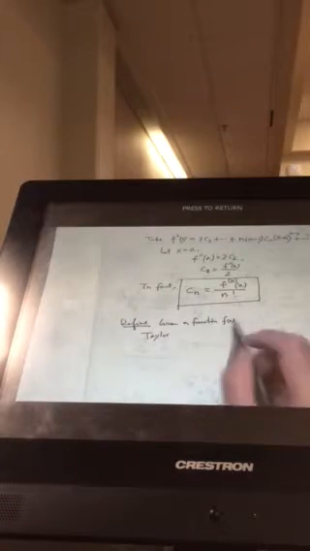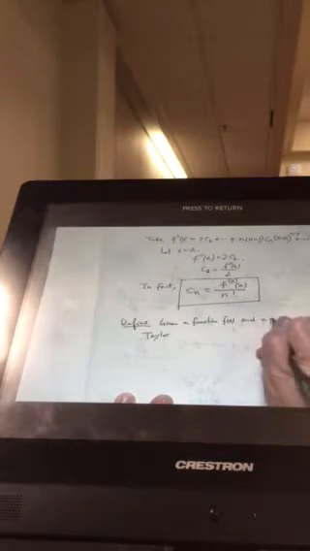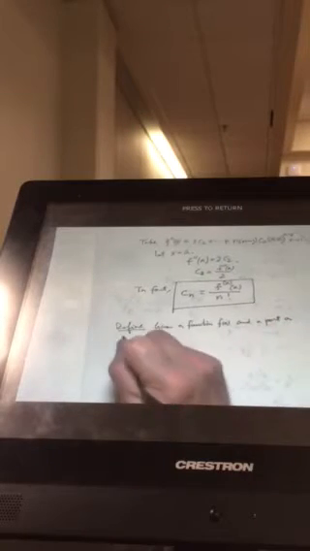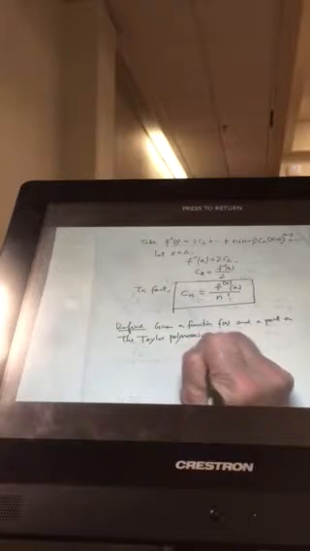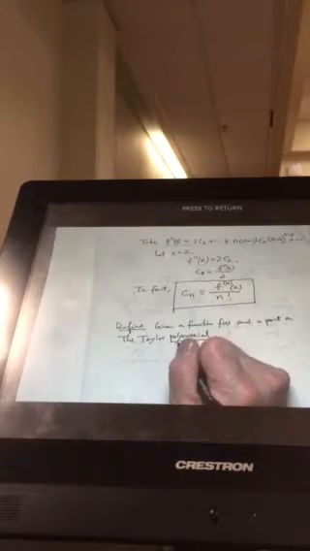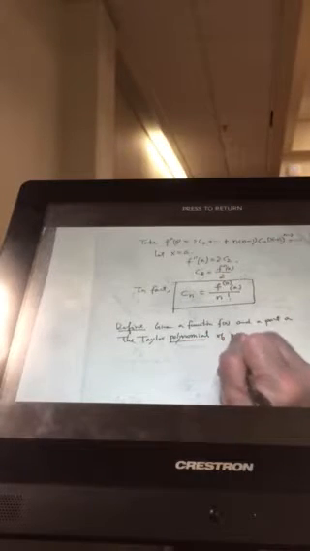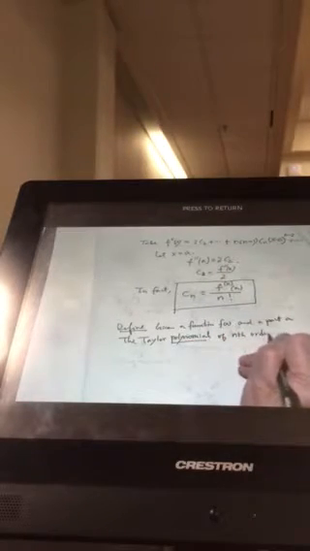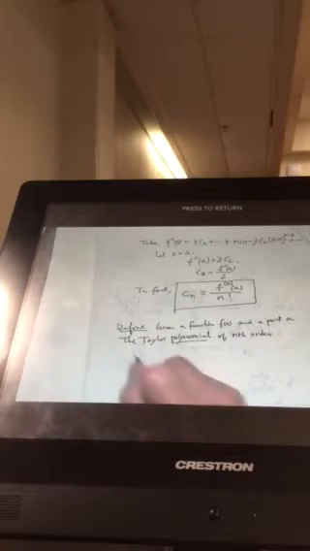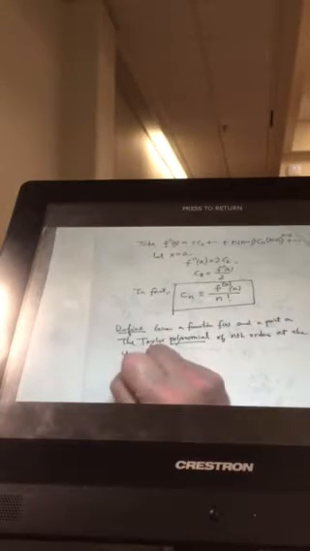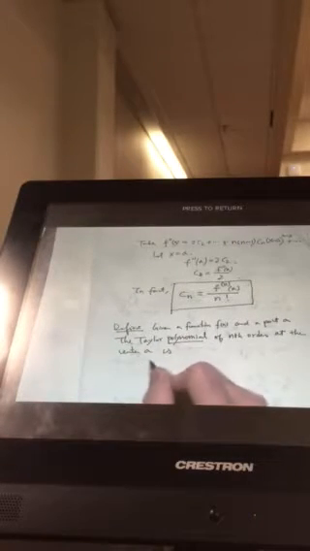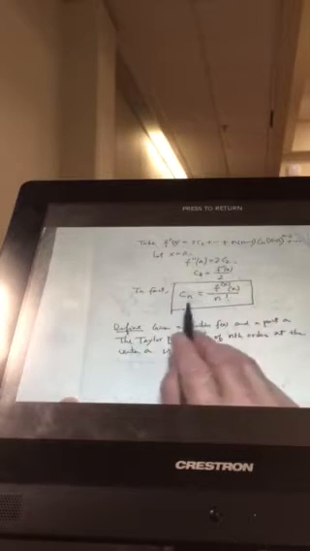Given a function f of x and the point a, the Taylor polynomial of nth order with the center a is defined to be all the way to c sub n.